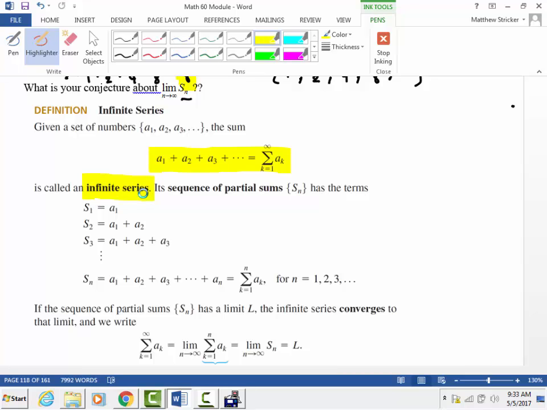In other words, all these terms are not just continuing to go on and on. They're actually adding up to some sum. If you add up an infinite number of terms, they can all add up to one number. If they all add up to one number, it converges.